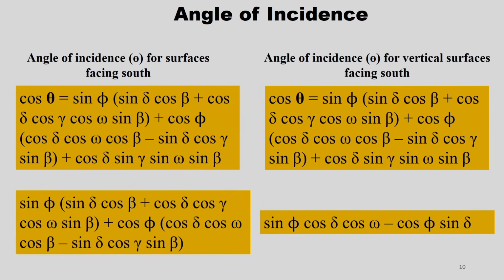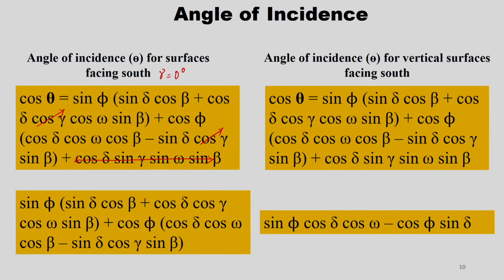So, the next one is angle of incidence for surfaces facing south. As we already said, azimuth angle is 0 degree, and if we substitute that, then this particular term would go, because sin 0 is there. Other than that, cos gamma becomes 1.